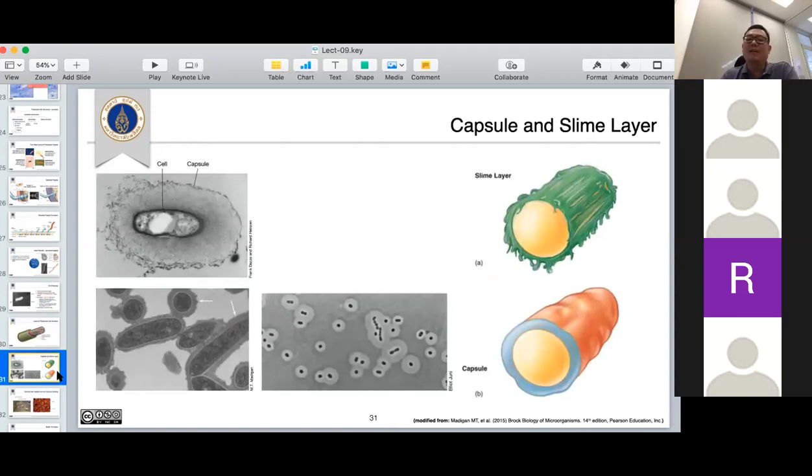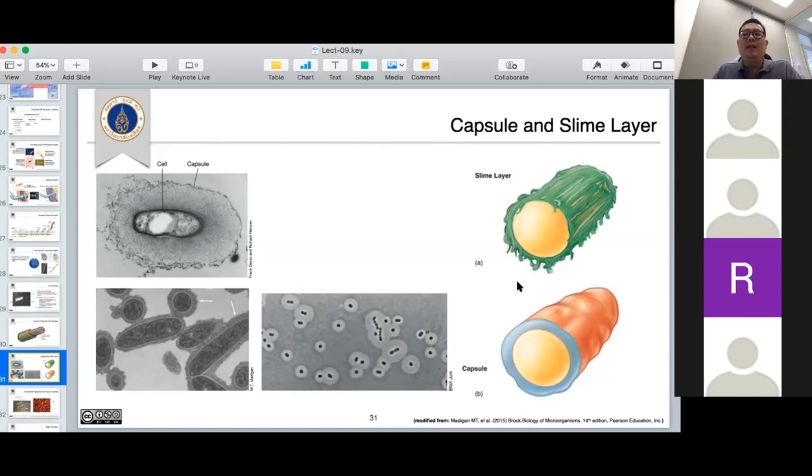So again, some textbooks say capsule and slime layer are the same thing, but the capsule here contains a pack of carbohydrate polymer packed in the capsule. There are few proteins inside that. Once they feel it is so tight, the capsule will thicken and cover around the cells. The function of the capsule is to protect against phagocytosis by the white blood cells, right?